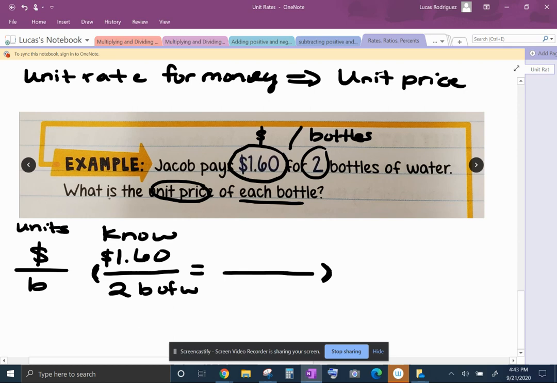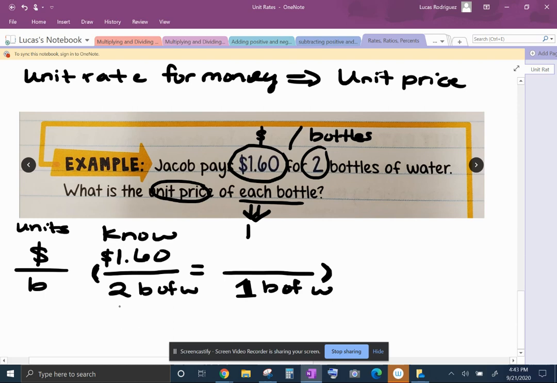Let's read this again. It says, what is the unit price of each bottle? Each bottle, each means 1. Bottles is at the bottom, so I'm going to put 1 bottle of water. This is the number 1.